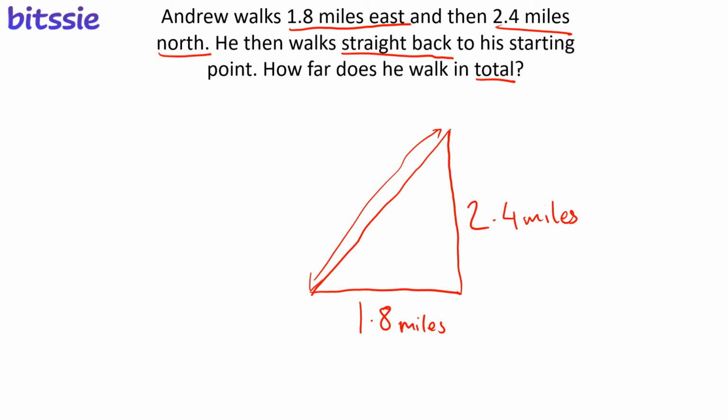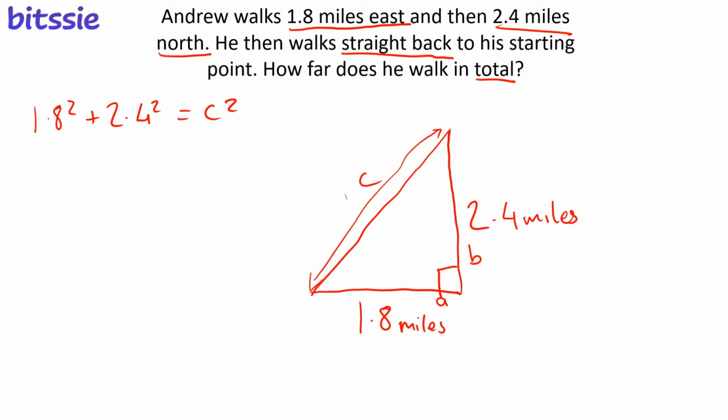If we label our triangle again, we'd get a, b, and c, since c is always the hypotenuse. So a squared, which is 1.8 squared, plus b squared, 2.4 squared, equals c squared.